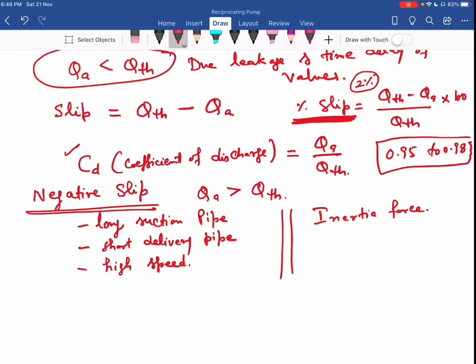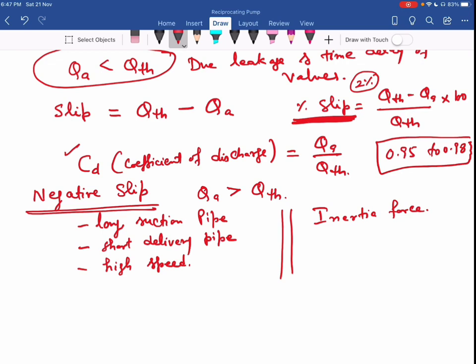Due to this, my delivery valve opens before the piston has completed its suction stroke. So during the suction stroke, due to inertia force of water, my delivery valve opens.